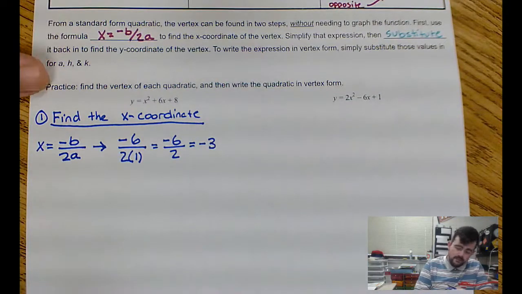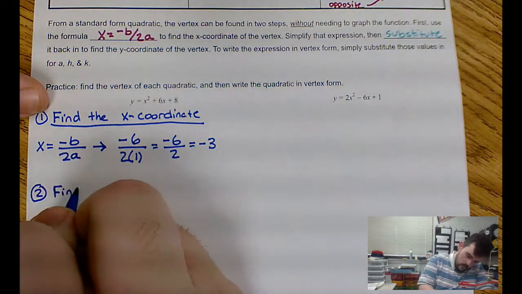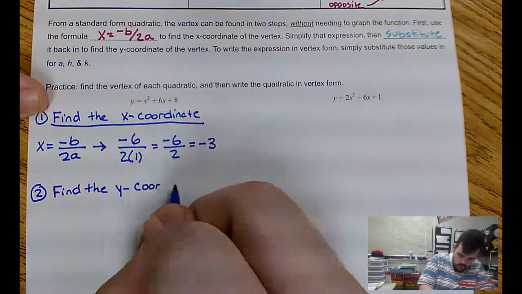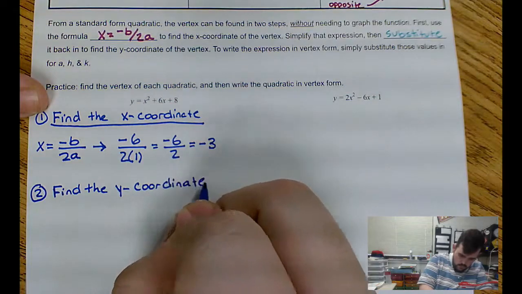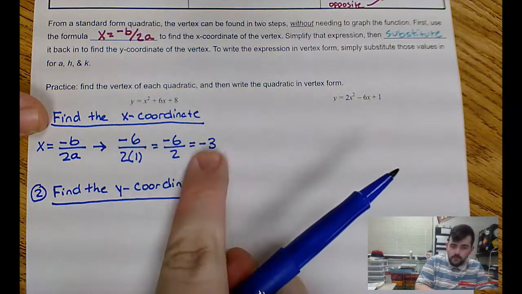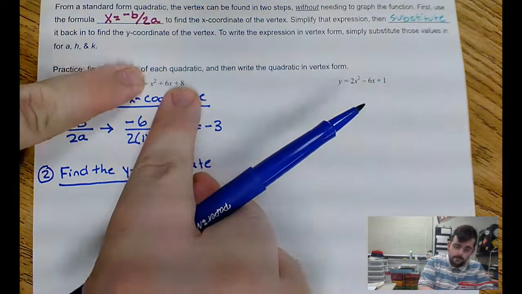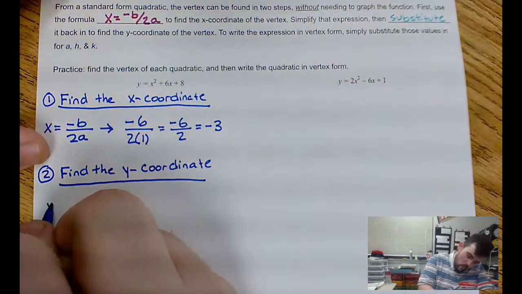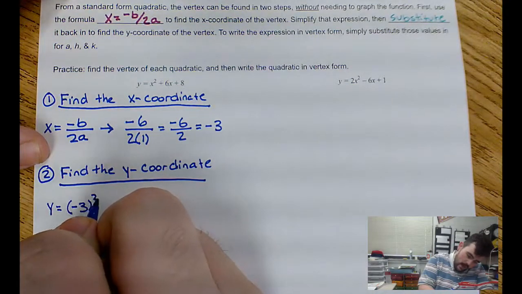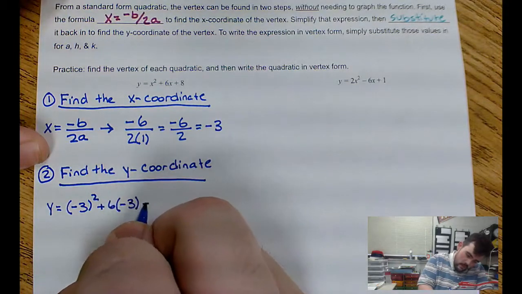Now, to find the y-coordinate, all I need to do is take this negative 3 and substitute it in for the x's back up here. Okay? So, where I had y equals x squared, I'm going to say y equals negative 3 squared plus 6 times negative 3 plus 8.